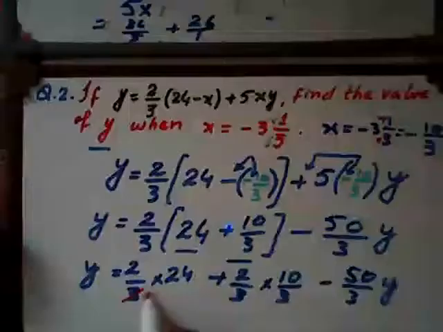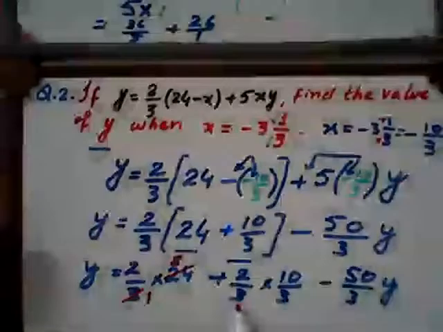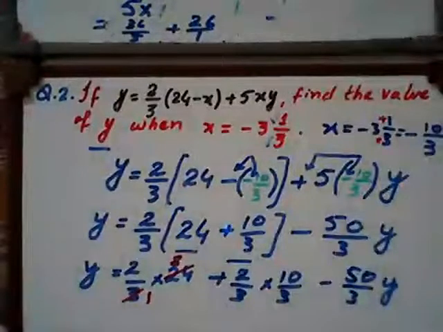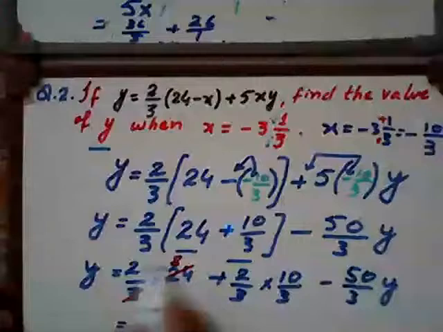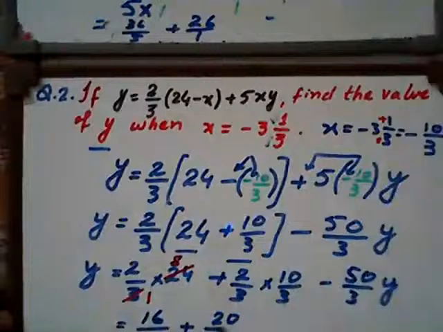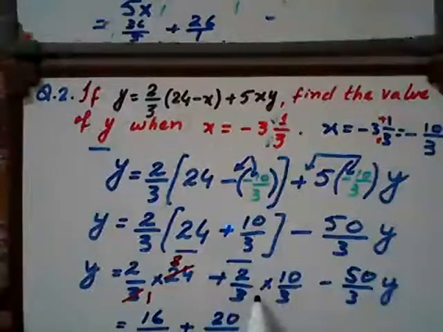So 3 8s are 24. There is no simplification possible, so we'll write it as it is in the form of multiplication. So this gives us 2 8s are 16 by 1 plus 2 10s are 20 over 3 3s are 9.